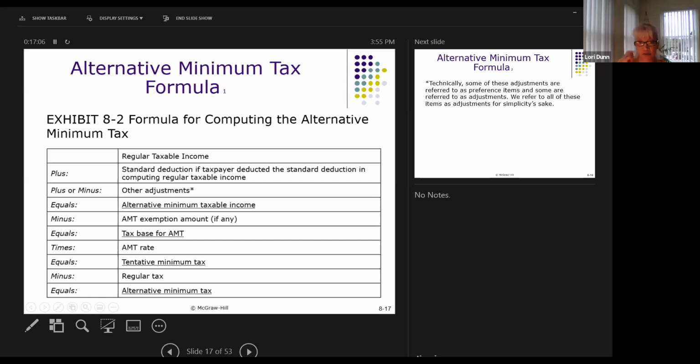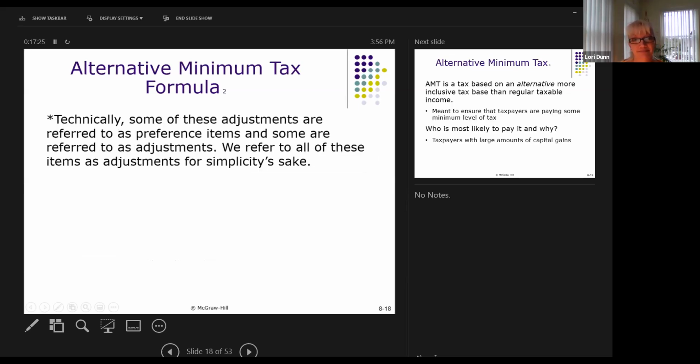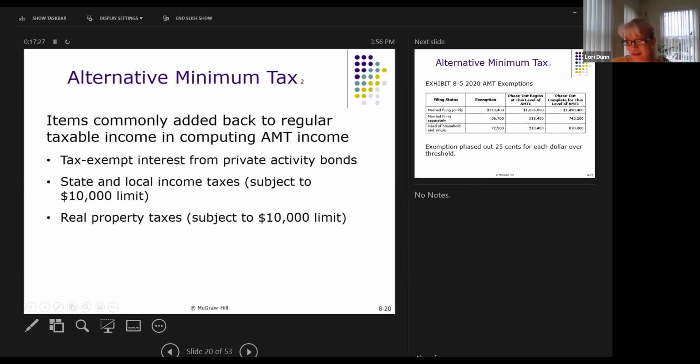If it's higher than regular tax, the difference is considered an alternative minimum tax that's added to Schedule 2. If the tentative minimum tax is less than regular tax, you don't do anything. The person just pays their regular tax. So that is alternative minimum tax.